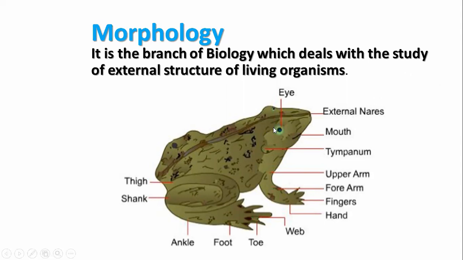Here you can see that the frog has many external features which are different from other living organisms. So here we are taking it as a study under the branch of morphology.